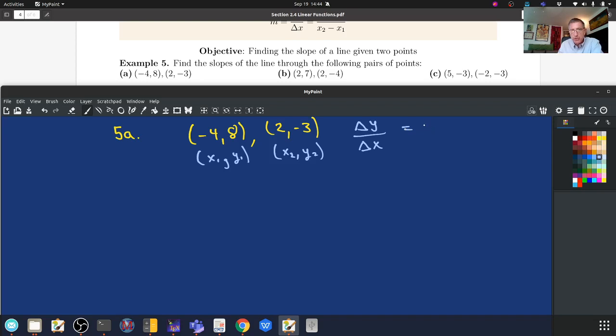That's equal to -3 minus 8 over 2 minus -4. Now this is a really important point. I'm going to go over here and write the formula.